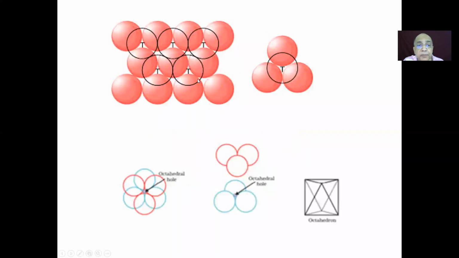If you use them, you will see the octahedral hole positions will be automatically revealed. This is one triangle, and the black ones are the other triangle. So the space within, at the midpoint of the 2 layers, will be the octahedral hole.